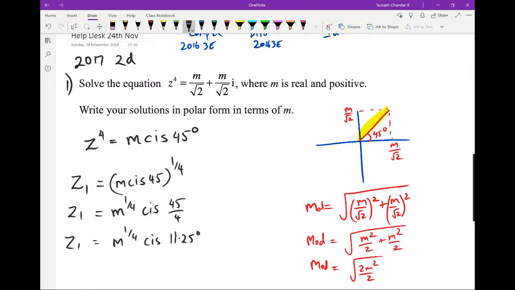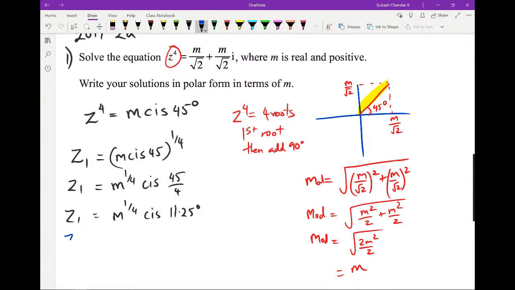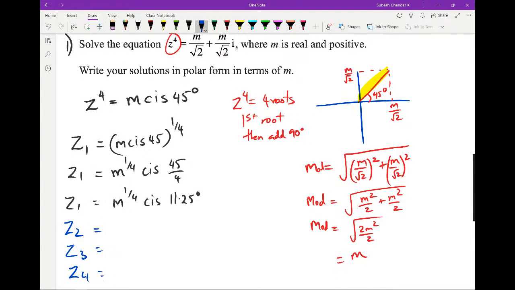And from here, if you guys have been following my videos, you know that when you have z to the power of 4, you're going to have 4 roots, which means you find the first root, then add 90 degrees all the way through, which means z2, z3, z4 are all going to have m to the power of a quarter, cis, and you literally just add 90 degrees to 11.25 and just keep adding 90 degrees.